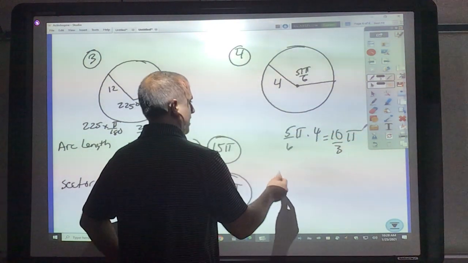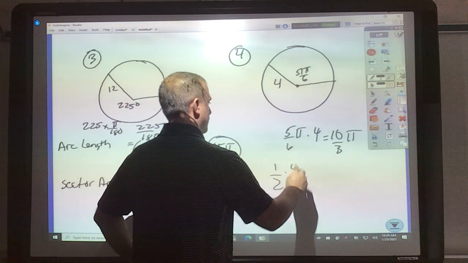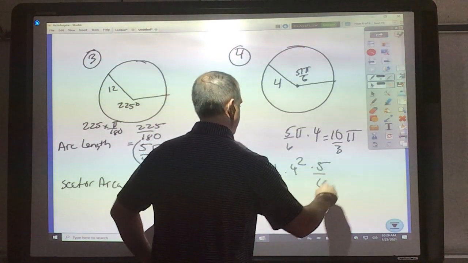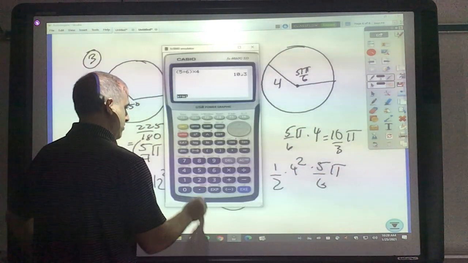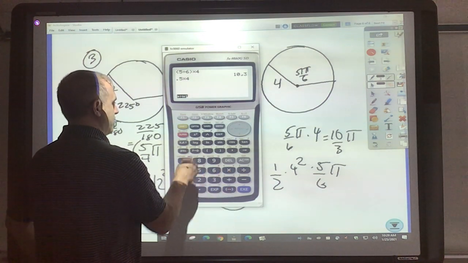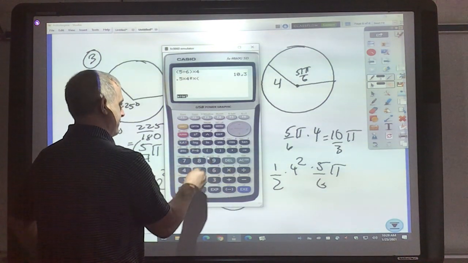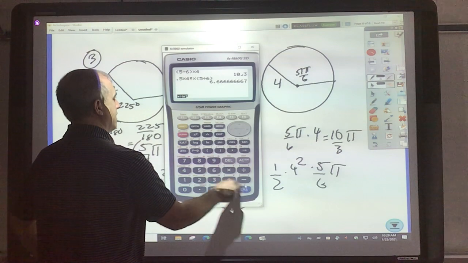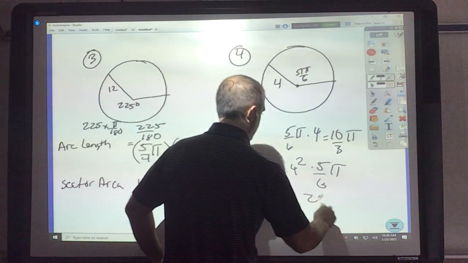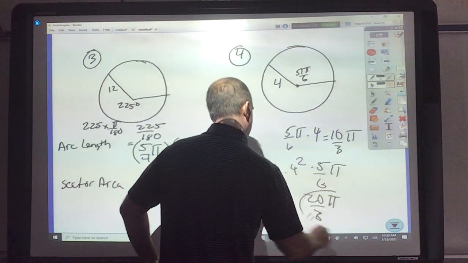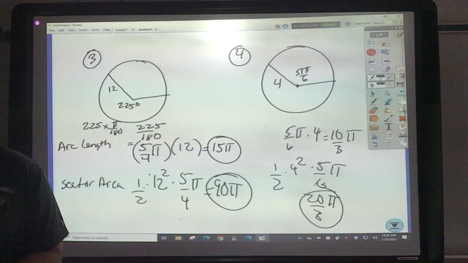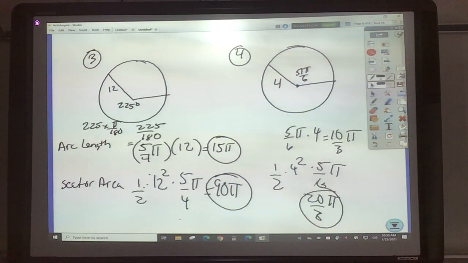And then sector area is 1/2 times 4 squared times 5/6, so 0.5 times 4 squared times 5/6, and that makes 20/3 pi. And that's pretty much it. The next lesson will be on trig word problems.